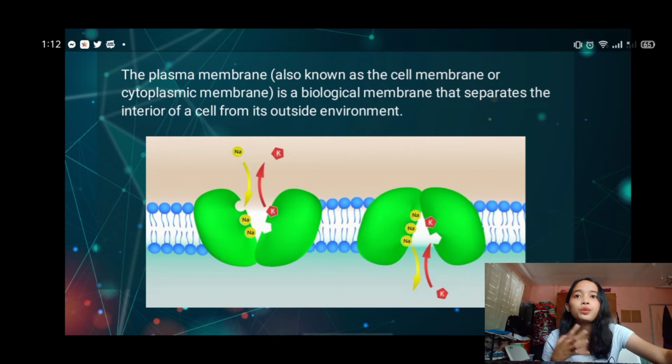It also provides a fixed environment inside the cell, and it has different functions. First is to transport nutrients into the cell and to transport toxic substances out of the cell. So that is the function of the cell membrane.